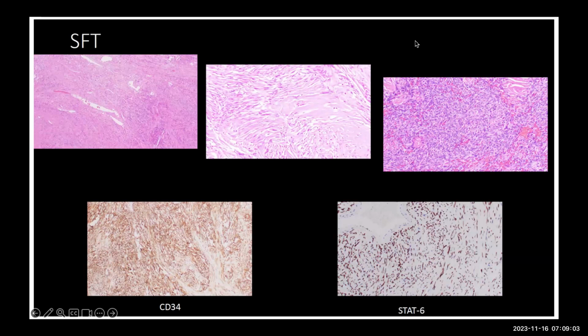So that clinches the diagnosis of solitary fibrous tumor. And then there is grading, grade 1, grade 2, grade 3, according to Marseille classification. This one seemed to be a grade 1, I believe, because of the lack of mitosis and necrosis and a low Ki-67 index. Thank you.